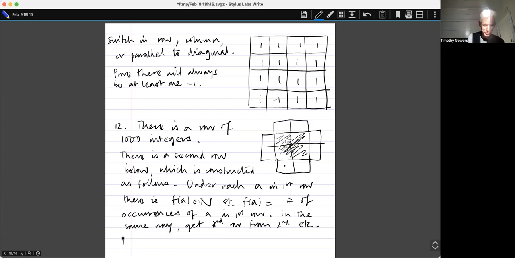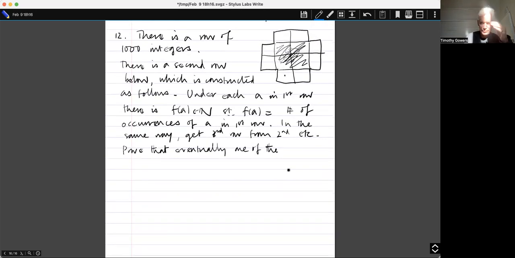Well, sort of saying prove that eventually one of the rows is equal to the next. So in other words, this iteration is eventually constant.